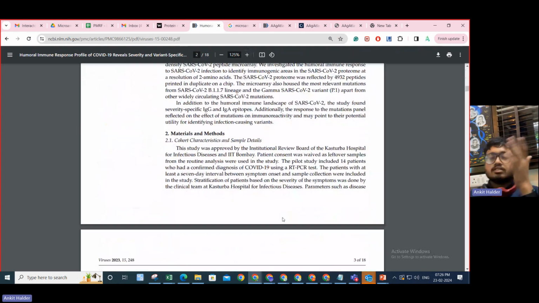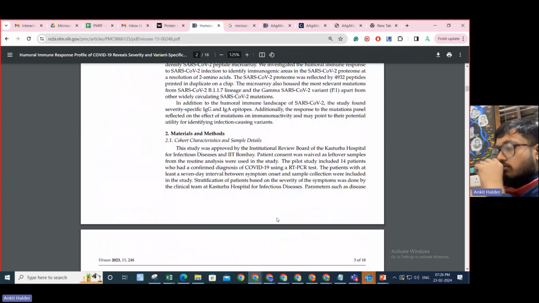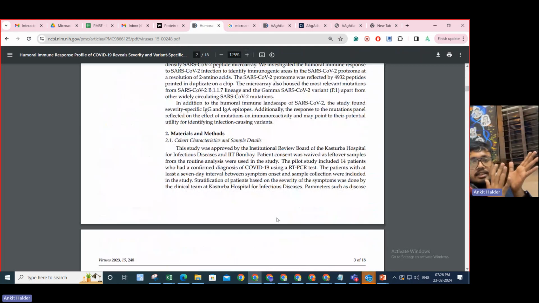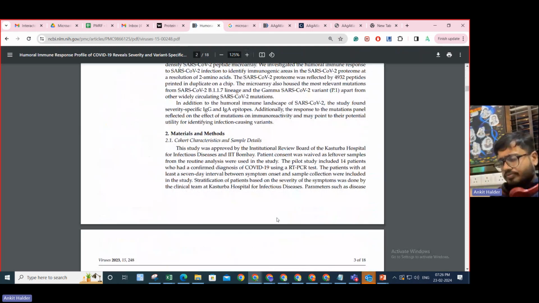So the materials and methods, the experimentation procedure of which you have seen the video, is done using equilibration, then washing, then primary incubation, secondary incubation, and then finally scanning, of which we again have one procedure in this particular week.